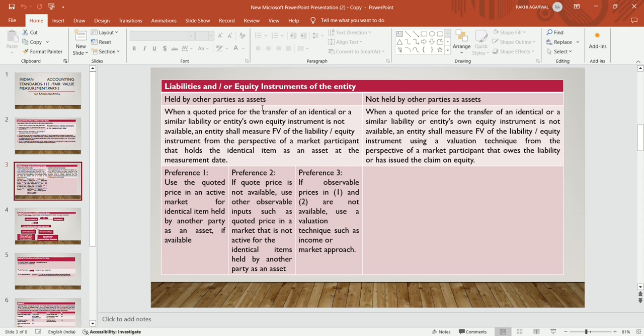Suppose you had made a tower. You had made the provision for the tower, and also the provision for decommissioning cost, that after 15 years we have to remove that tower and restore the area in the same way as we had taken it at the time of putting the tower on that building. After 15 years there is a time limit, so you have to make the provision for that liability today.